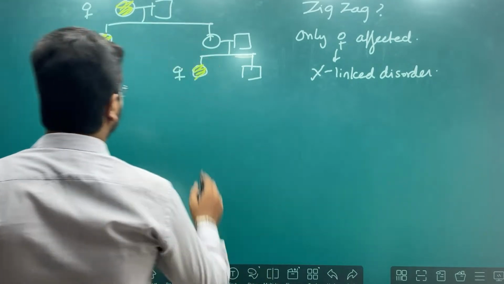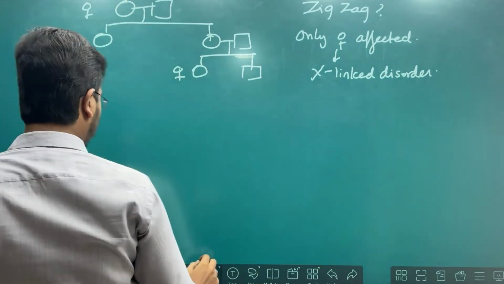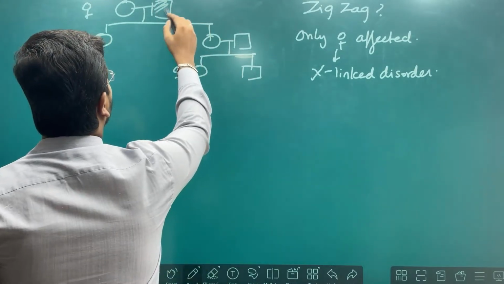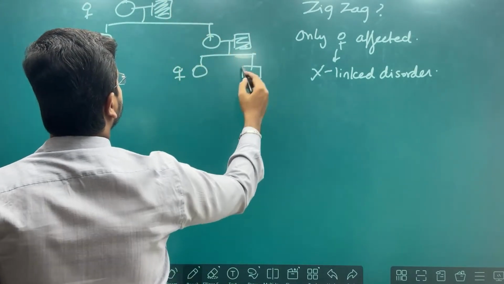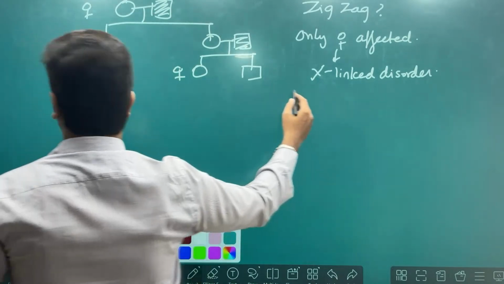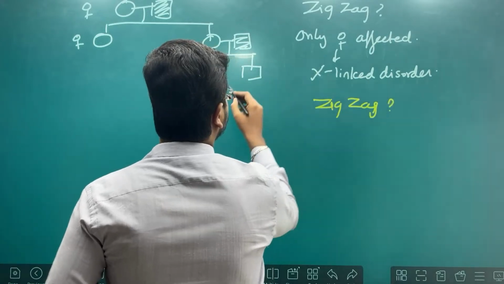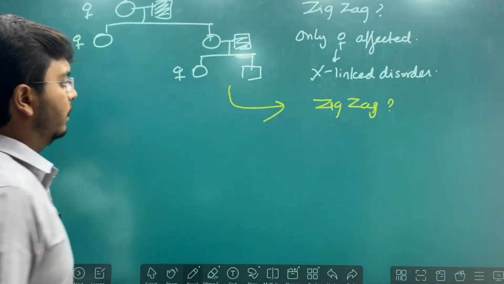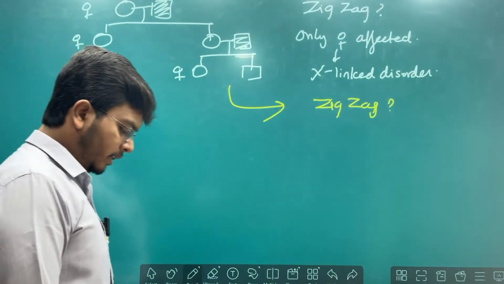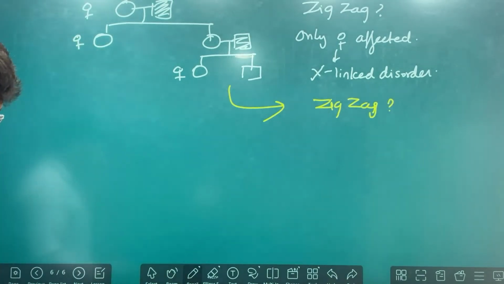Got the point? Let me do one thing. I'll erase this again. Let's say now, male is affected, here it is affected. Now find, is a zigzag formed in this condition?